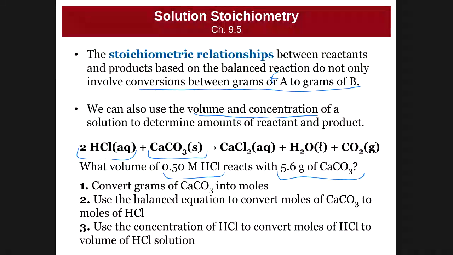We have a mass of calcium carbonate, so we convert that to moles like we did in our previous chapter. Now we use our balanced equation to convert moles of calcium carbonate to moles of HCl in our 1 to 2 ratio. Finally, we use that amount of moles of HCl and our concentration, 0.50 molar HCl, to find the volume.